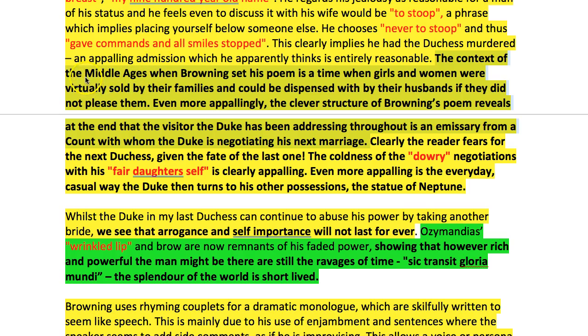The context he's chosen here is the Middle Ages, which is true. That's when this story is supposed to have happened in Ferrara. However, Browning is choosing it in order to make a point about the 1800s, where women are still treated largely as possessions of men.